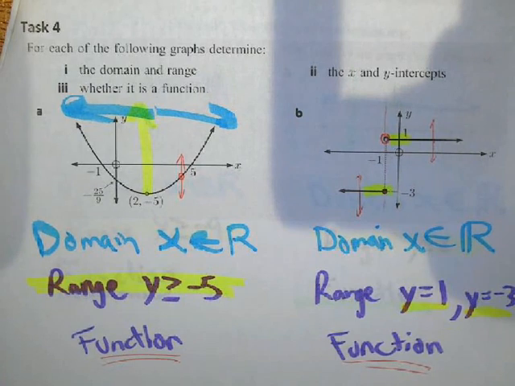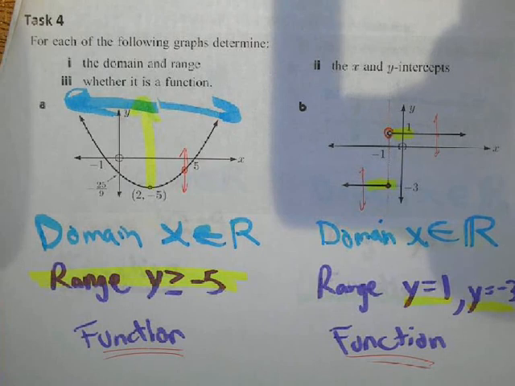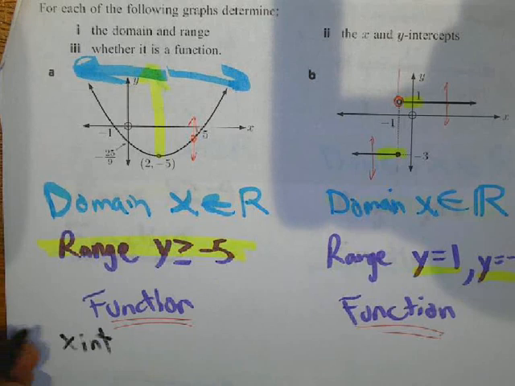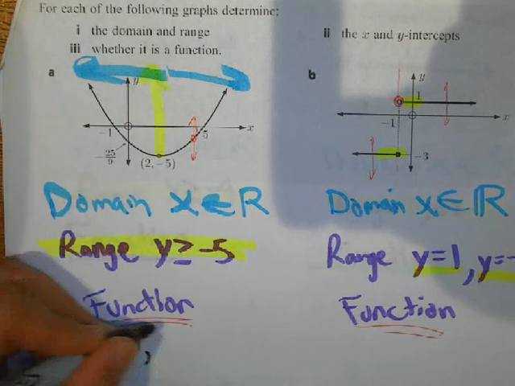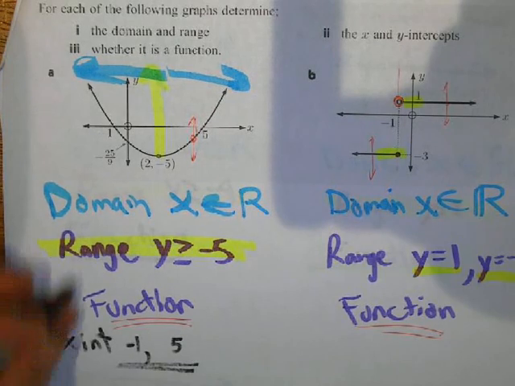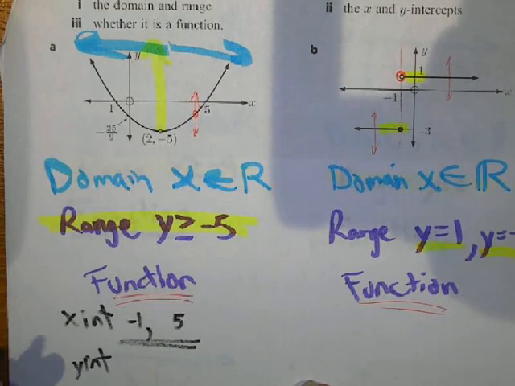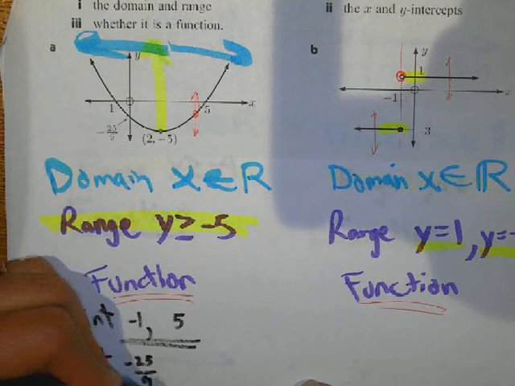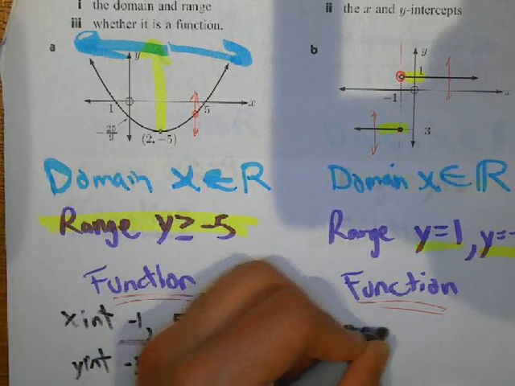Okay, x and y intercepts. So the x-intercepts here are -1 and 5, and then the y-intercept is -25/9. Over here, there is no x-intercept.